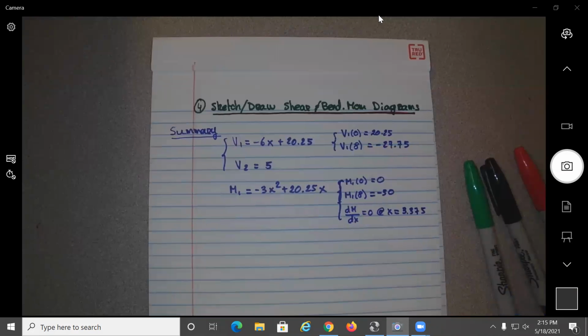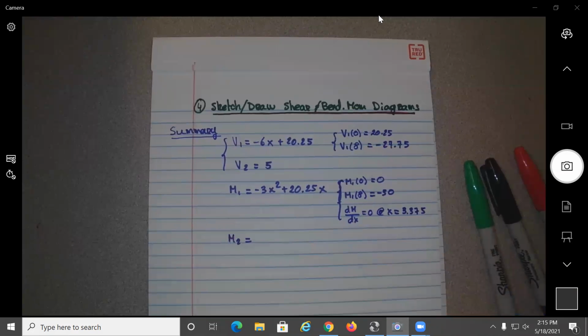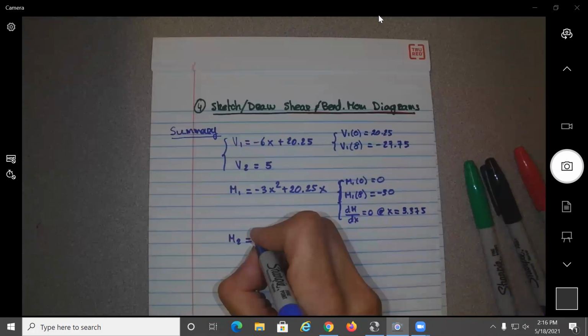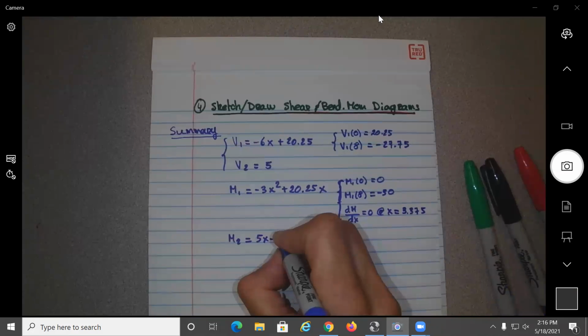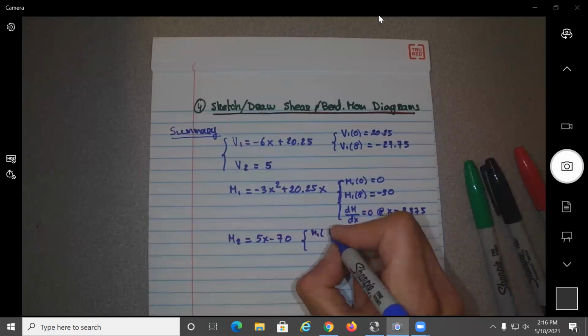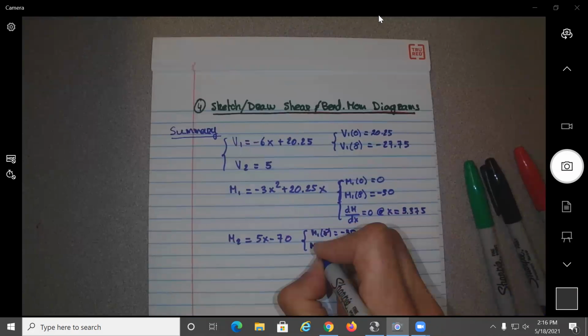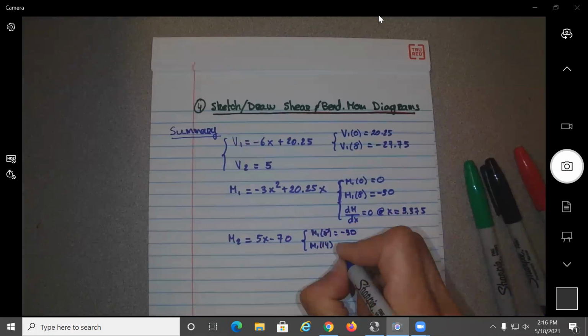And what do we know about M2? M2 is equal to 5x minus 70. And here we know that M1 at 8 is equal to minus 30 and M1 at 14 is equal to 0.